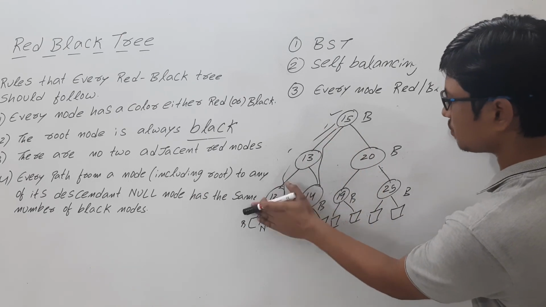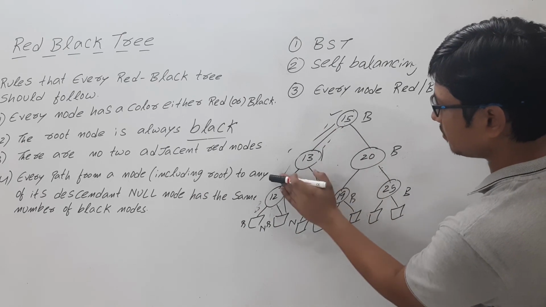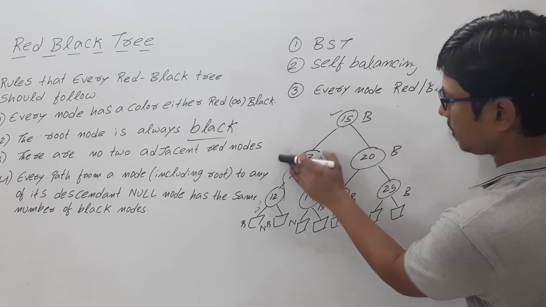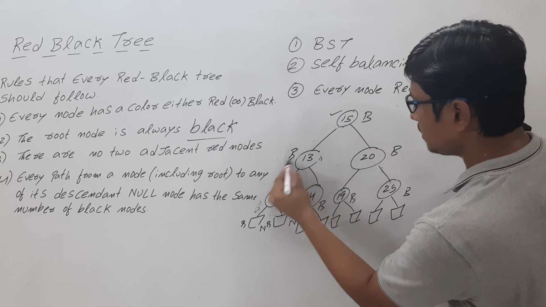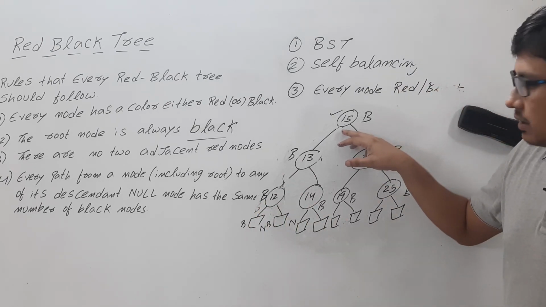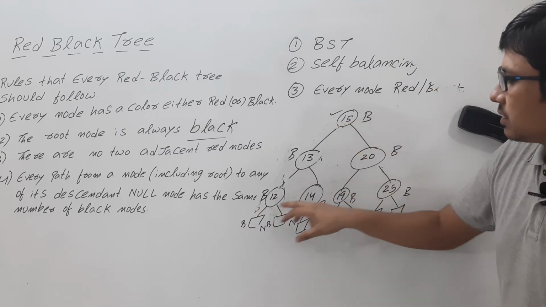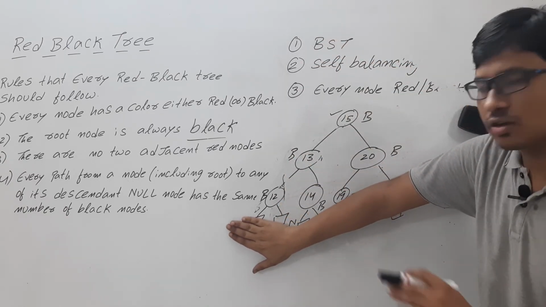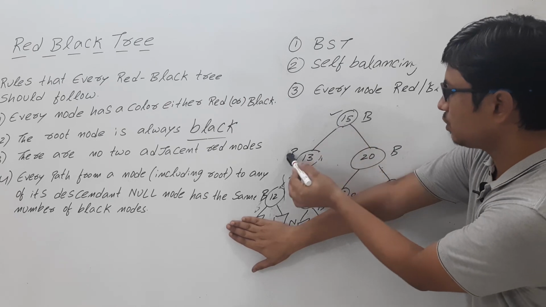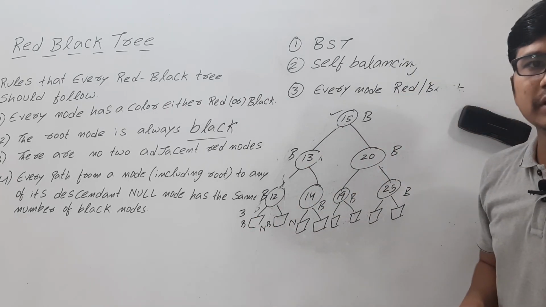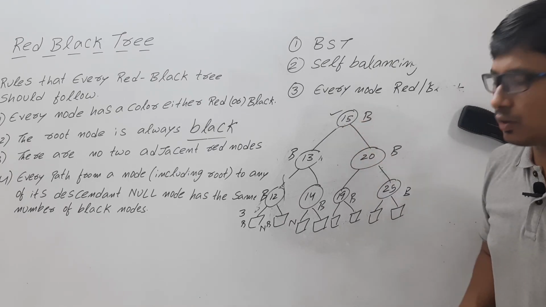Let me erase this one so that you will understand in a better way. This is black in color, this is black in color. Now if you look at it, how many black nodes are there? From here to here, don't consider the root because it is always black. Now 1, 2, 3. So if I want to go to this one, I am taking 3 black nodes from the root node.